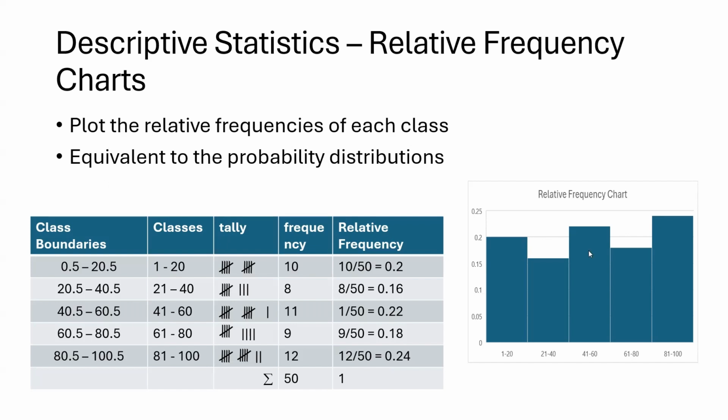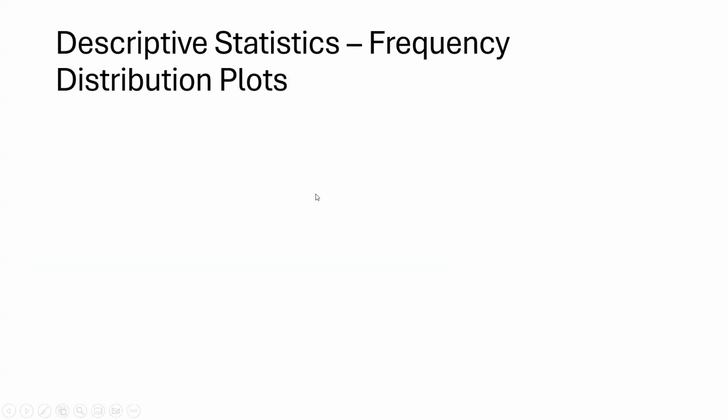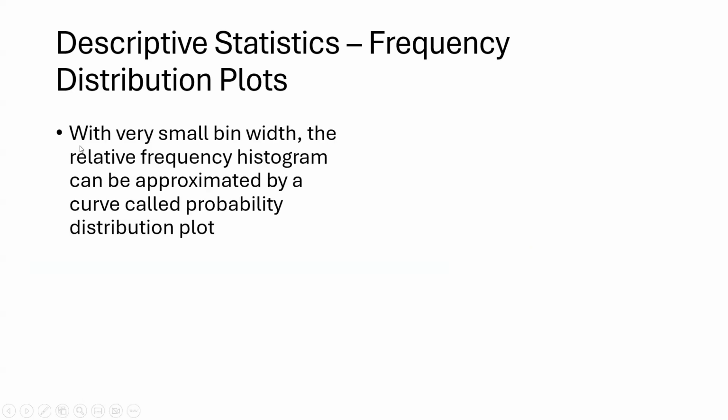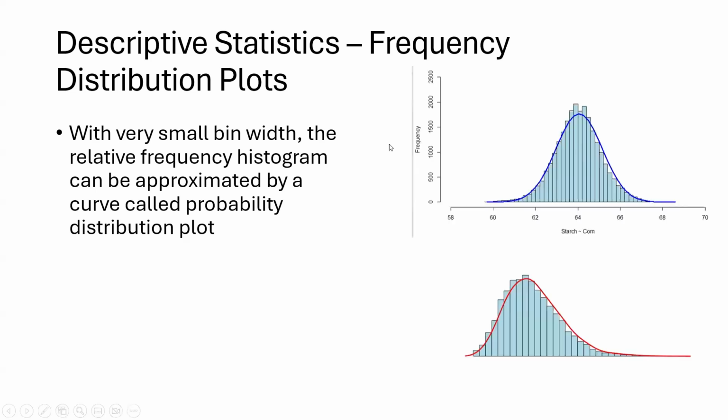When we plot the relative frequencies, it's actually equivalent to the probability distributions, which we are going to see now. With very small bin width, a bin is basically the class interval. If we keep on reducing the size of the class interval or the bins, the relative frequency histogram can be approximated by a curve called a probability distribution plot like this.